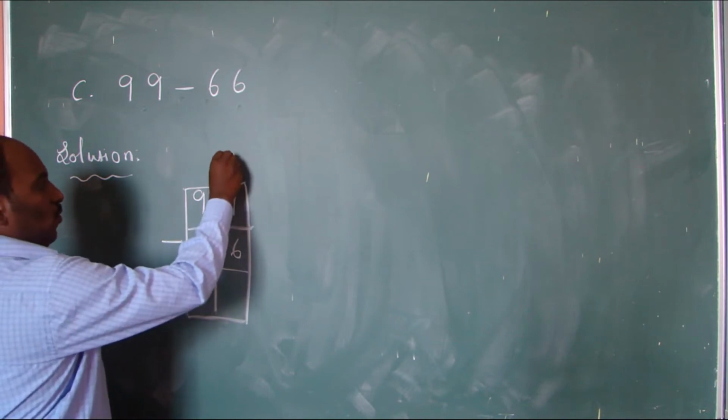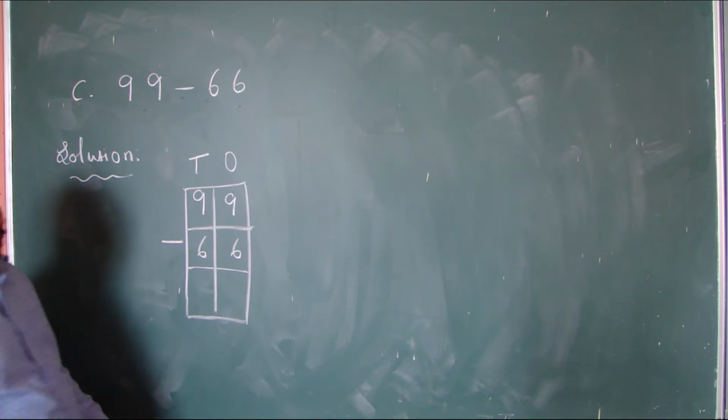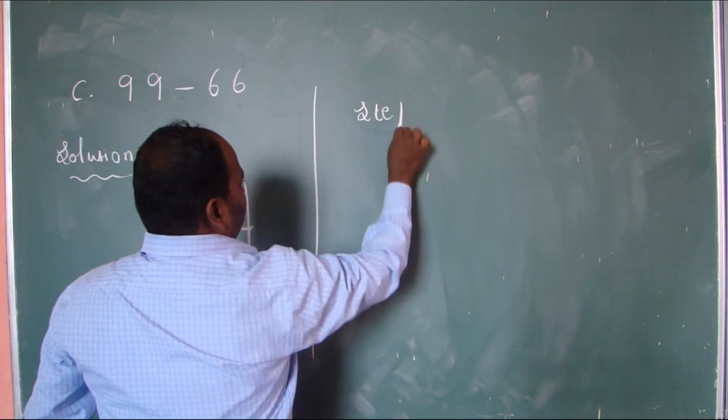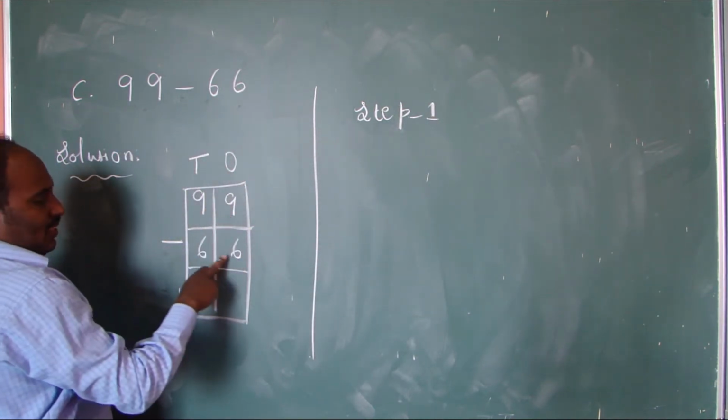Place value ones, tens. First we solve the ones place. Step 1. Our ones place is 9 minus 6.